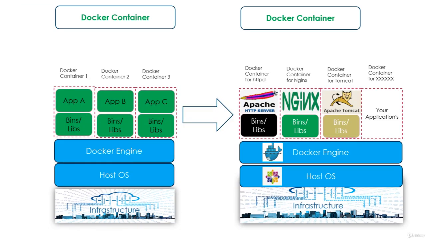Now we talk about A, B, and C, but what will it look like if we say something meaningful, which is used day to day? Let's say A is replaced with Apache HTTP server. What will happen? Apache HTTP server will have its own bins and libs, and that will be considered as one container.